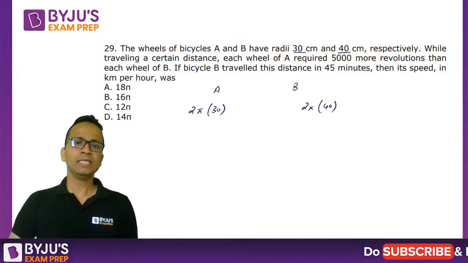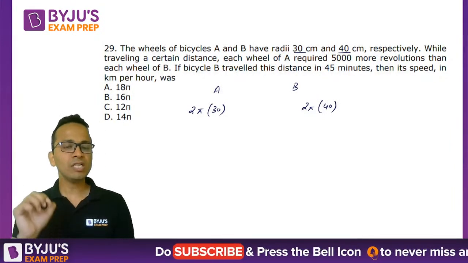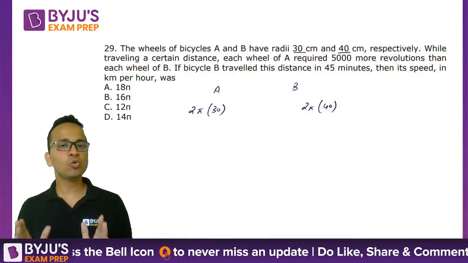Okay, now question tells us that to travel a certain distance, that means both the wheels will travel equal distances.